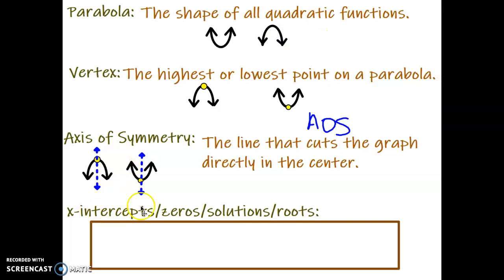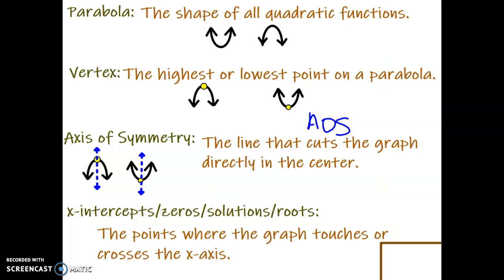All right, now this next one, it's really important that you're familiar with all of these terms: x-intercepts, zeros, solutions, and roots. Very often those are used interchangeably, and what they tell us is where the graph touches or crosses the x-axis. So an x-intercept, you know from the past, is where the graph crosses over the x-axis, but those points are where y equals 0, so we sometimes call them zeros.